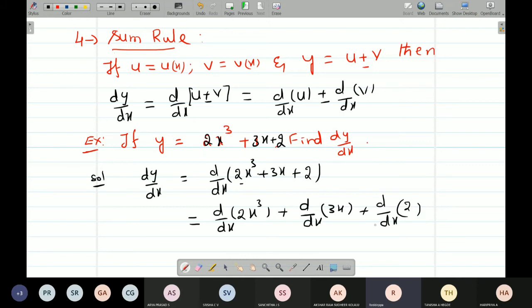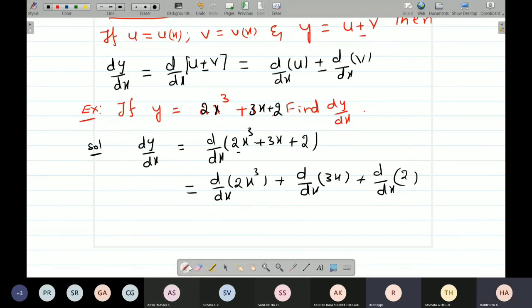Is this step clear, everyone? Yes or no? Is it clear?